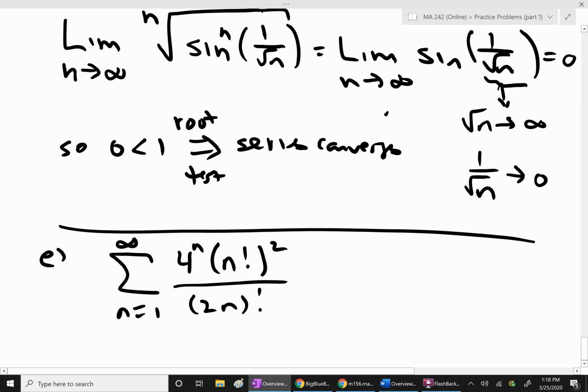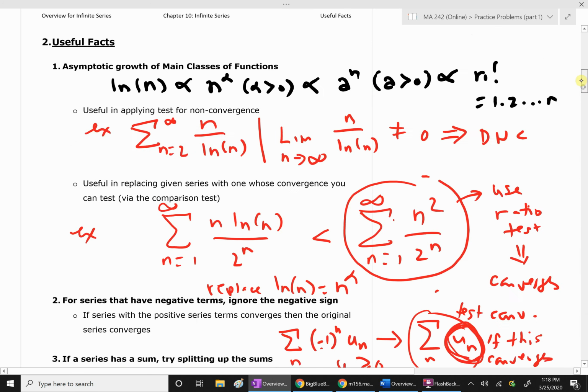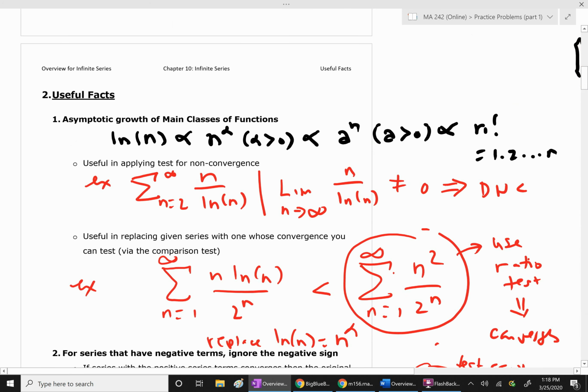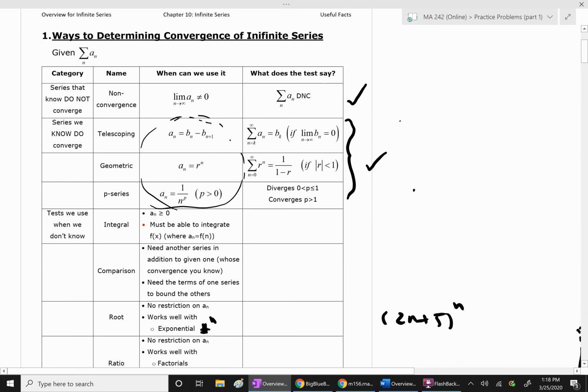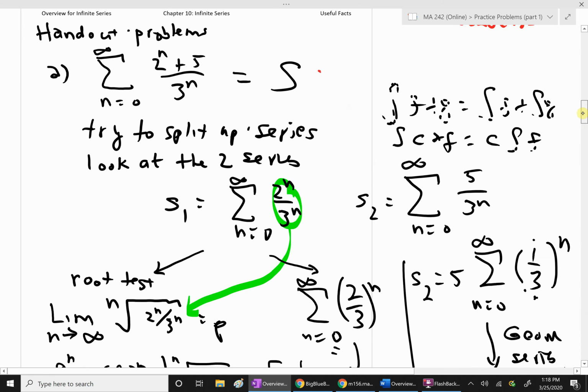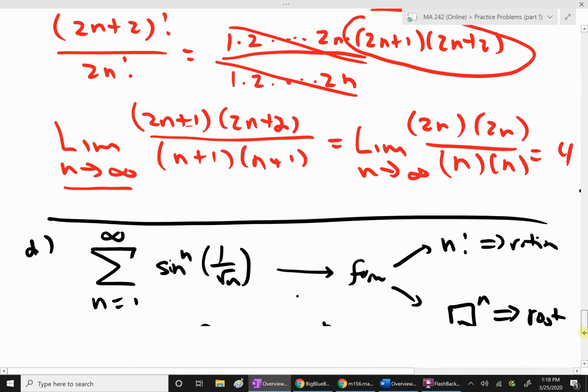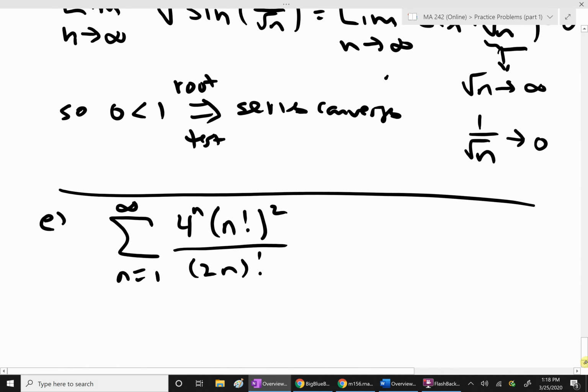As soon as you see the factorial in there, all of the known series that we have go out the window. So the factorial precludes our ability to use any of these known converging series directly. So we have to use a test. What test do we use and why?